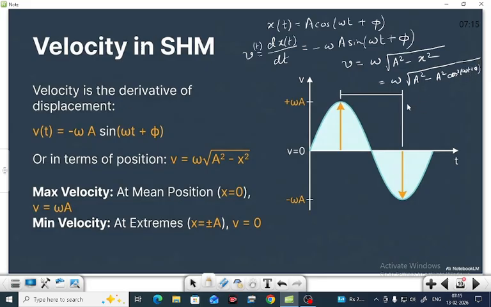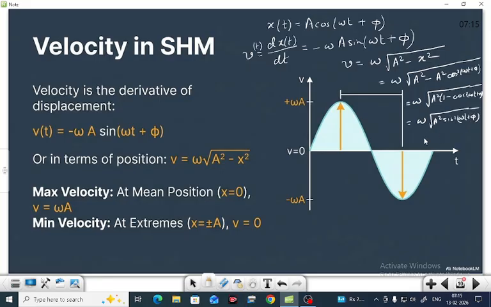If we take a square common, we get 1 minus cos square(omega t plus phi).